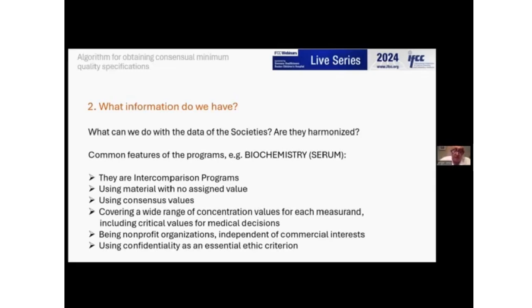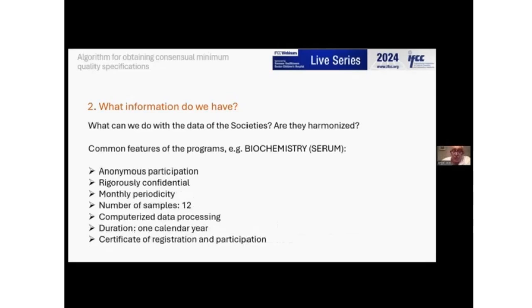Let's continue with common aspects. They have anonymous participation. As I mentioned, the confidential aspect is rigorous. There is a monthly periodicity. I'm always talking about the serum biochemistry program. There are 12 samples. The data management is computerized. The duration is the calendar year, and certificates are issued to participants both for registration and active participation.